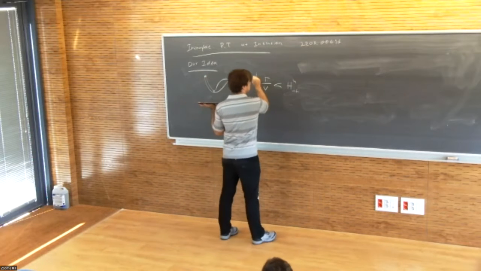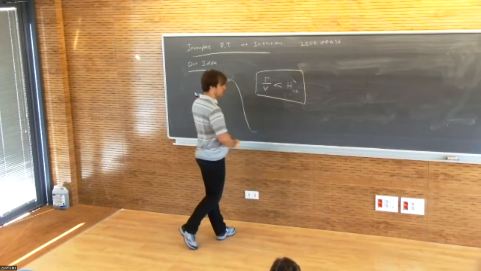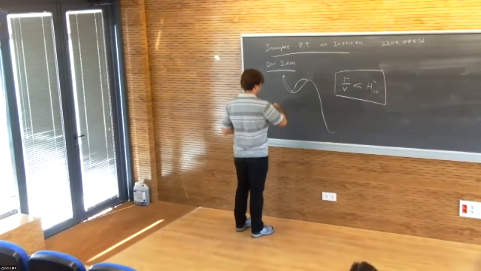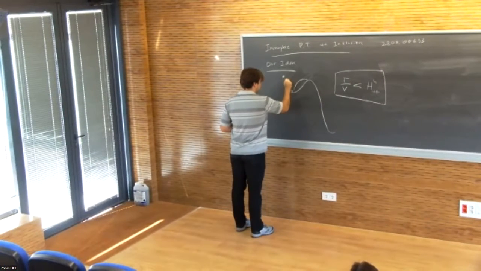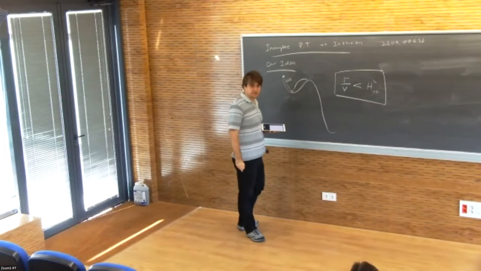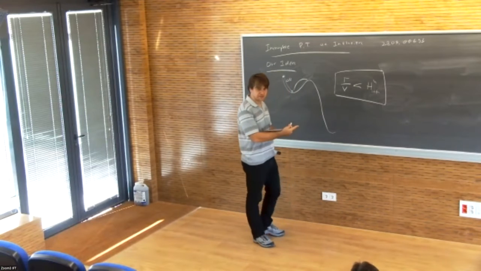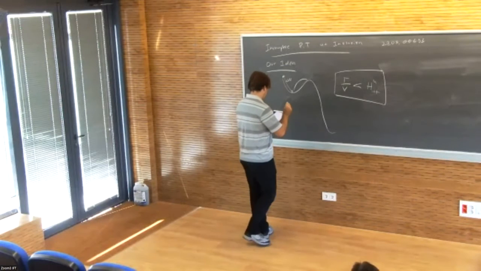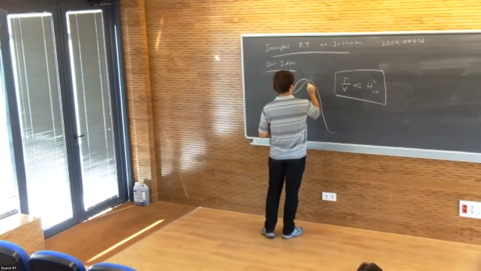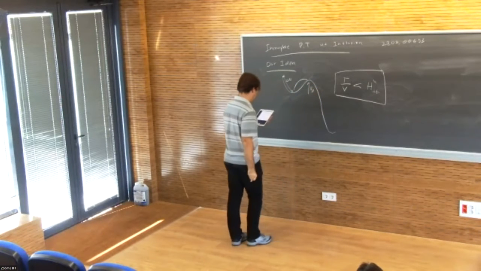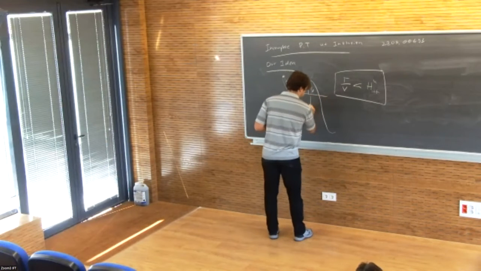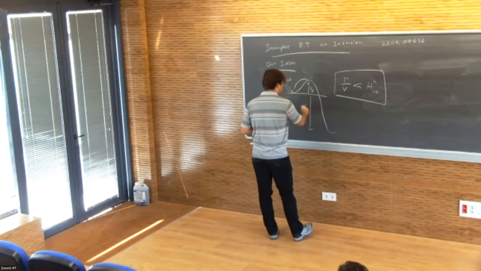So this is our story, and there are some important parameters here. Let's call this delta N. Delta N is how many e-folds during inflation the field needs to get here. Now let me call this V barrier, the height of the barrier, and let me call this delta V.